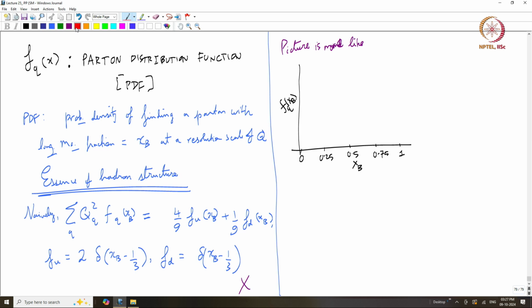It goes like this. So, the up quark actually does peak near 1/3, but it is not a delta function, and it is not really just the up quark either. I am not drawing it really well, but you can imagine. What I have drawn here is actually the PDFs of the up quark minus the anti up quark. And why is there a V? The V stands for valence quarks.